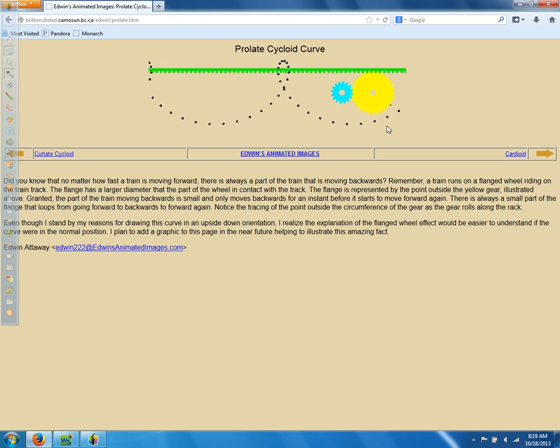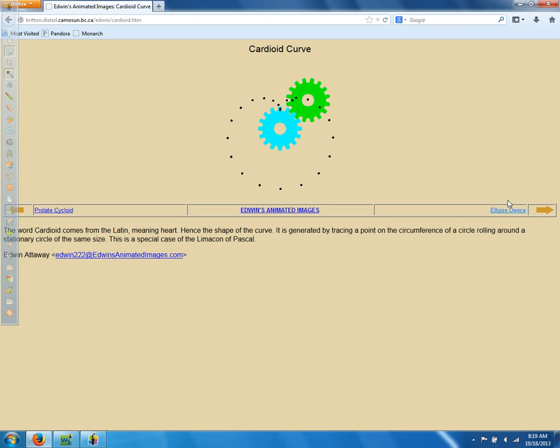This is called a prolate cycloid, generated from a circle rolling along. And this is a cardioid. We have a circle rolling along a circle, and we will talk about the equation of a cardioid a little later. So just some different curves that are generated by circles rolling.